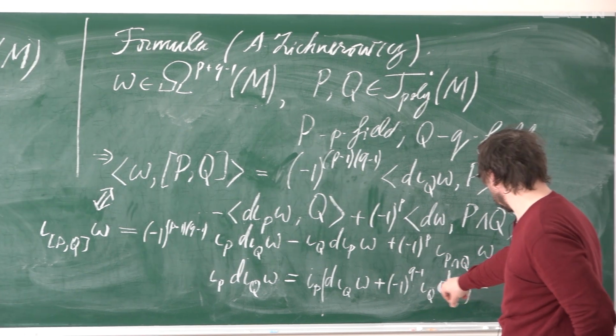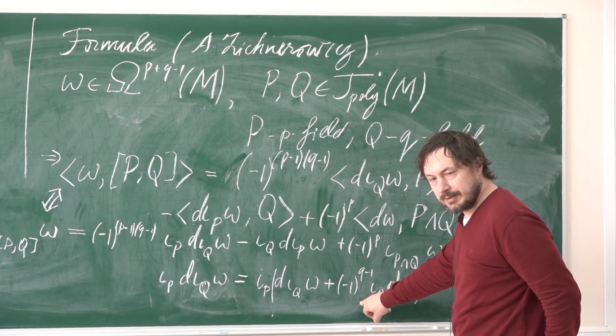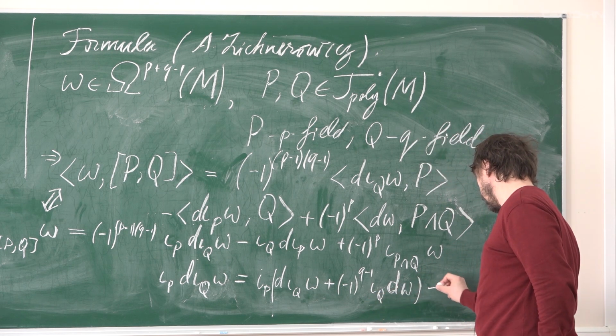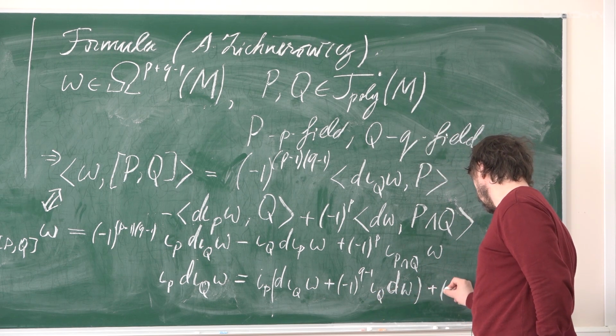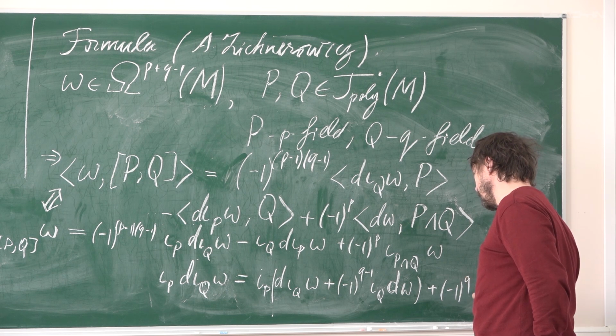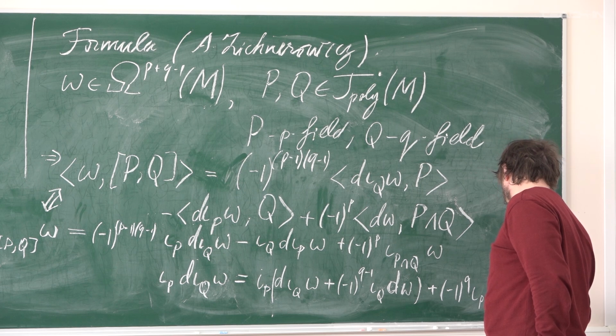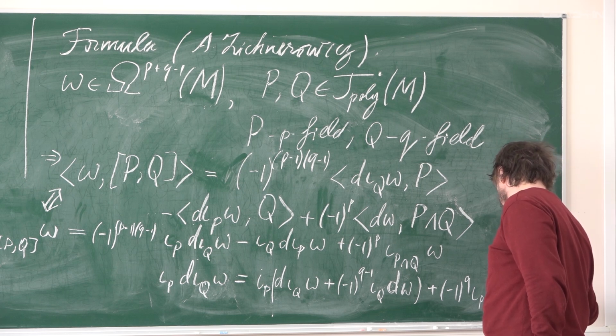But of course, this element is artificial, so we need to subtract it again. So it is minus or plus minus 1 to the power q I_P I_Q omega d omega.